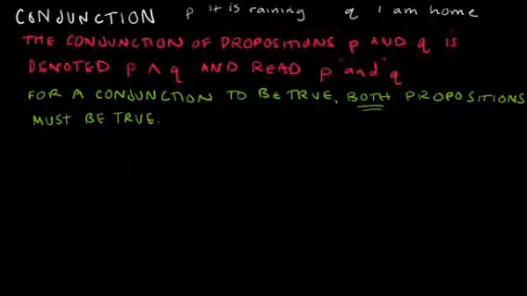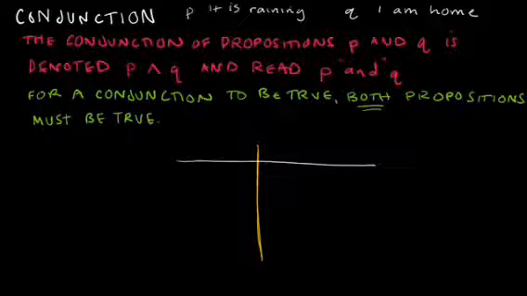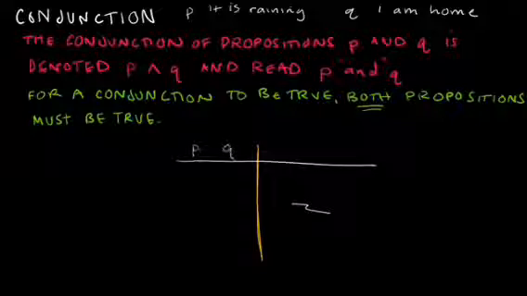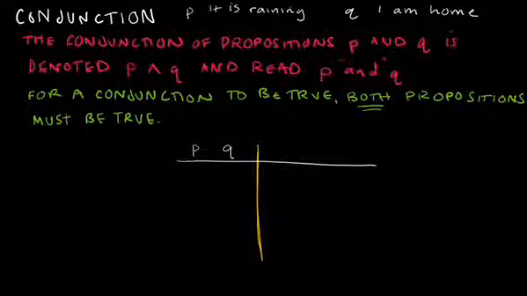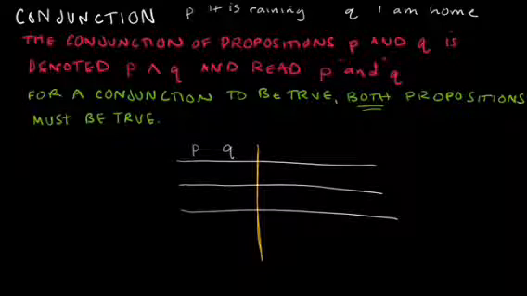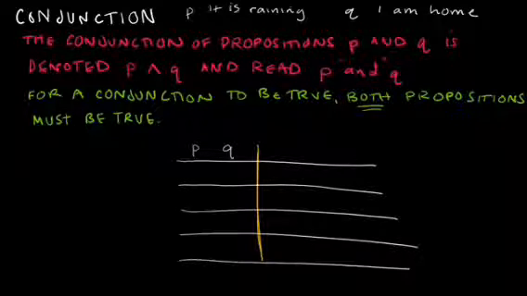So if I'm creating my truth table, remember there are two sides to this, and on the left side is where we just give all of the different possible truth table combinations. And since there are two propositions, that means it's going to be 2 squared, or 4 different rows. This is not going to be a row; this is just going to be where I put my values P and Q. So I need 4 rows: 1, 2, 3, 4 rows.